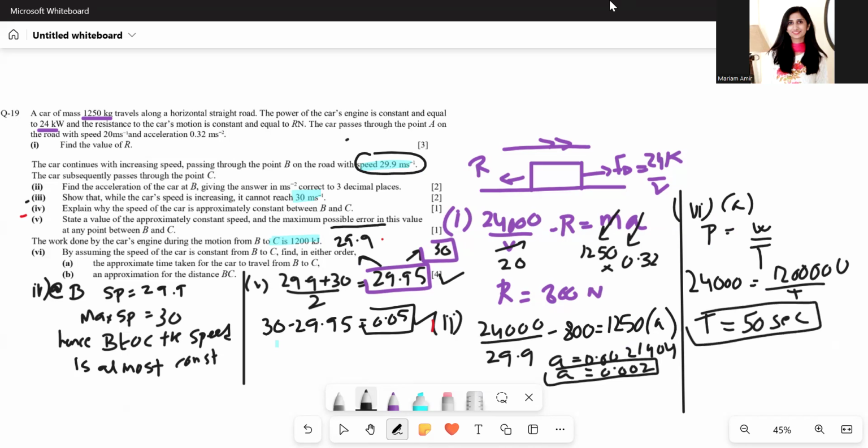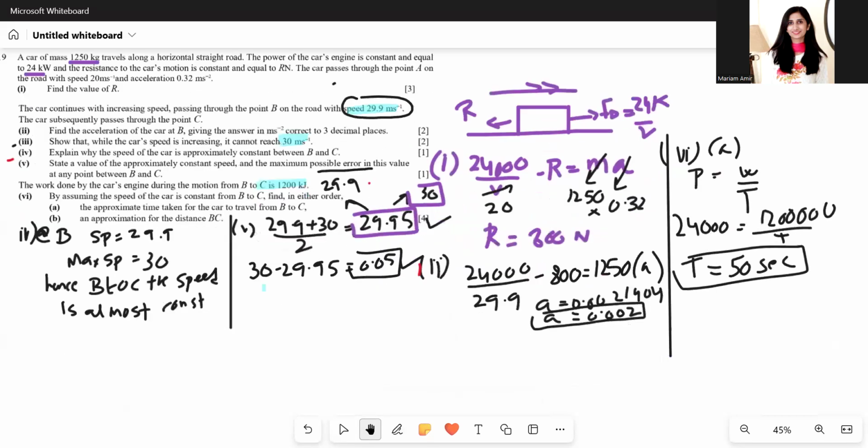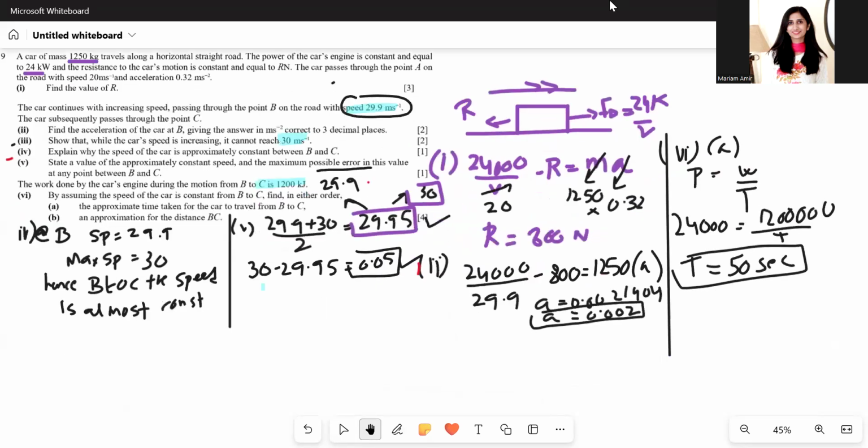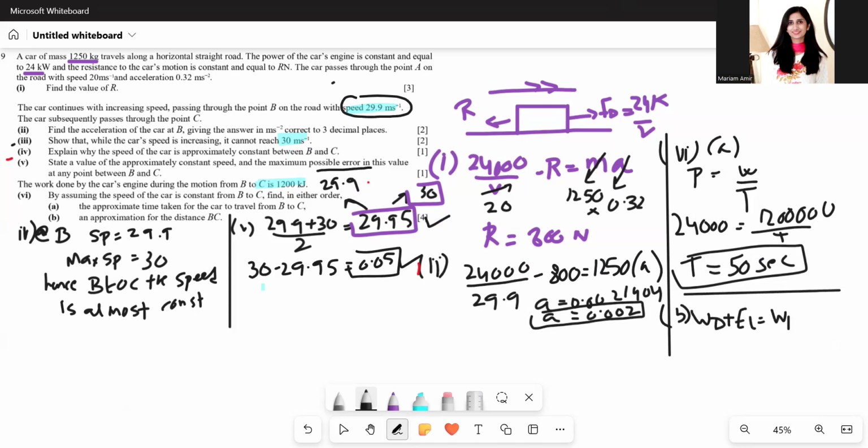Part B says find an approximation for the distance BC. How do we do that? We can use the energy formula. That's one way of doing it. The energy formula is: work done by driving force plus loss in energy is equal to work done by resisting force plus gain in energy.